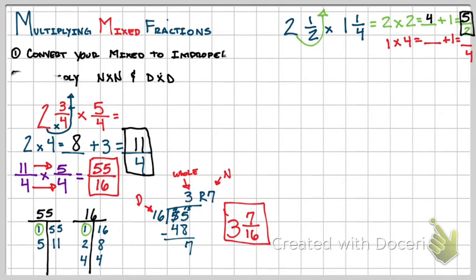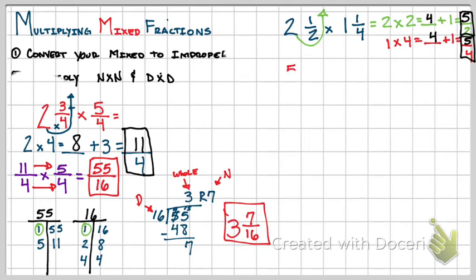And then look at my next one. What's 1 times 4, guys? 4. 4 plus 1? 5. So we have 5 over 4. These are both my new fractions that I'm going to use.